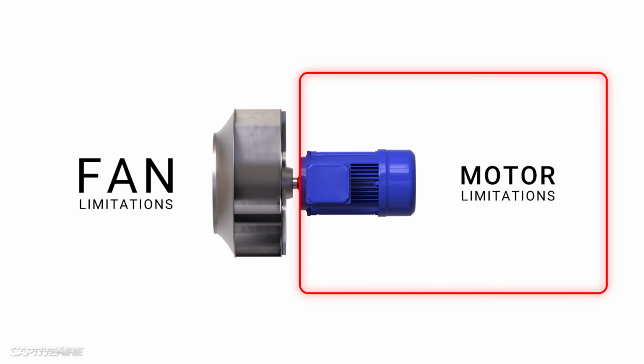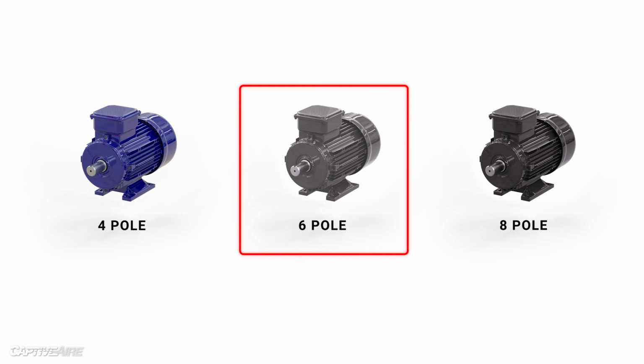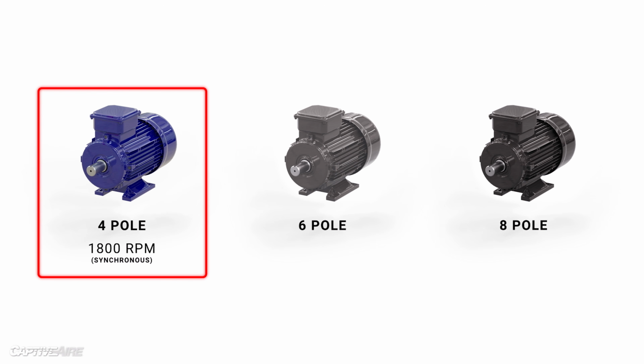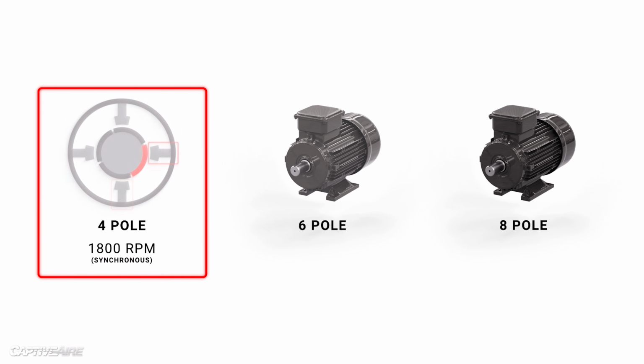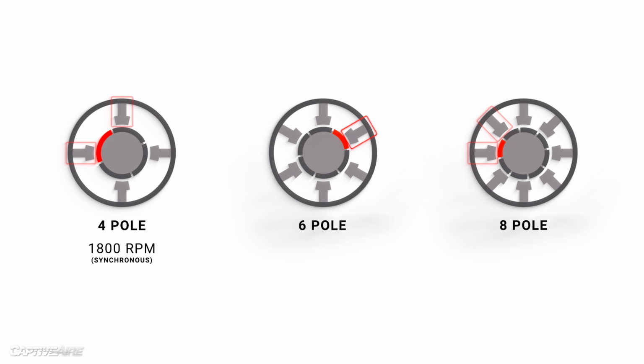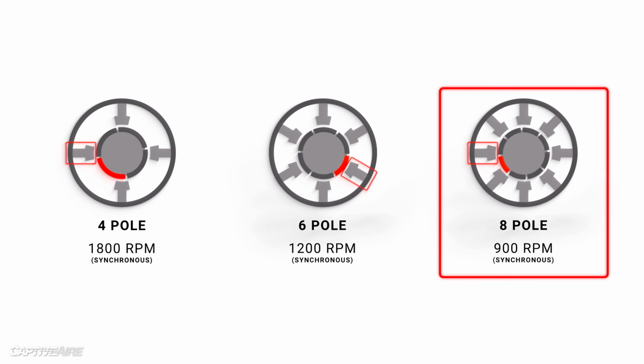For the vast majority of applications, you'll be selecting either a 4-pole, 6-pole, or 8-pole motor. A 4-pole will have a synchronous speed of 1800 RPM. This is the speed at which the magnetic field rotates, so to speak, at 60 Hz, which is what we would consider full speed. As we increase the number of poles, the speed of the motor will decrease to 1200 RPMs for a 6-pole and 900 RPMs for an 8-pole.